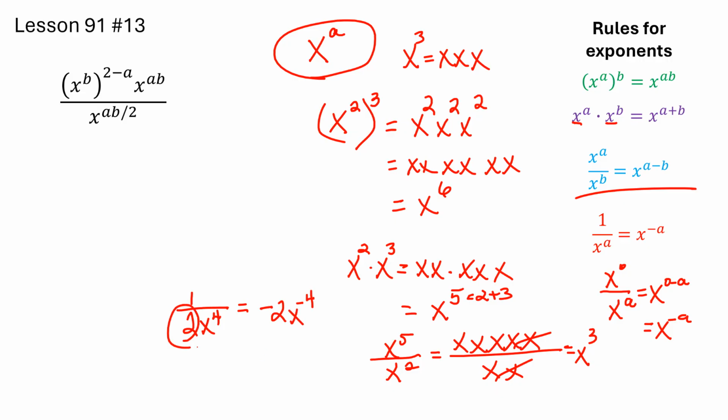Well, this is not an exponent, it's a number. You can't just move it up to the numerator and change its sign. That's not algebra. That's not allowed. This is not an exponent. So you cannot do that. That would be absolutely wrong. This could be written like this. But anyway, so those are the rules that go along with exponents.